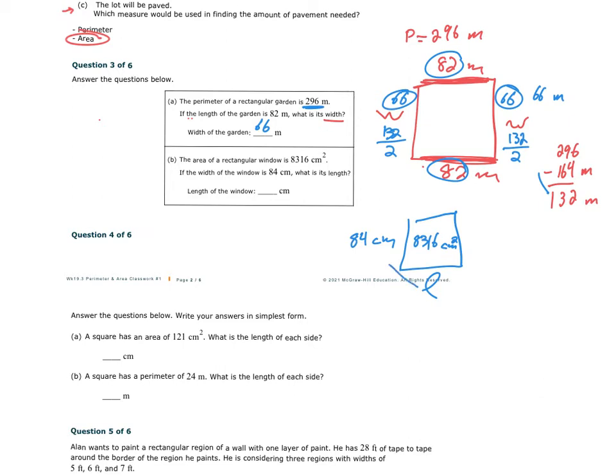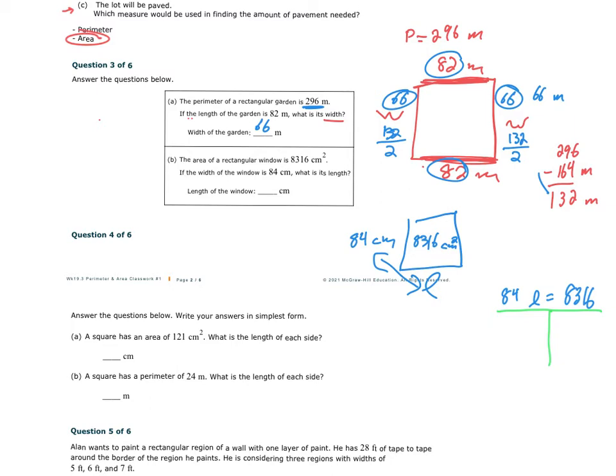Okay, well, we know length times width is 8,316. So 84 times L equals 8,316. Hey, look at this. This is a one-step algebraic equation. Remember when we did this?